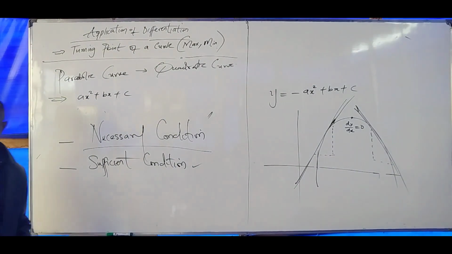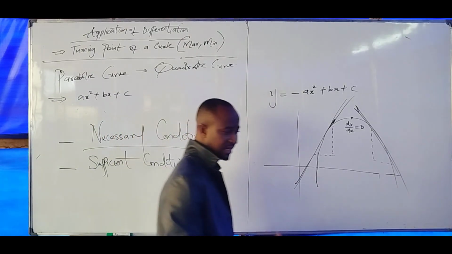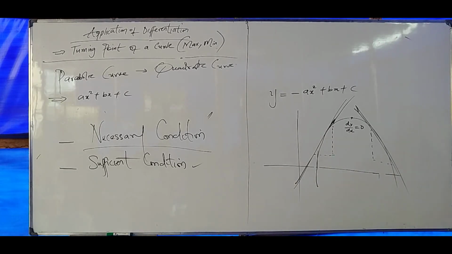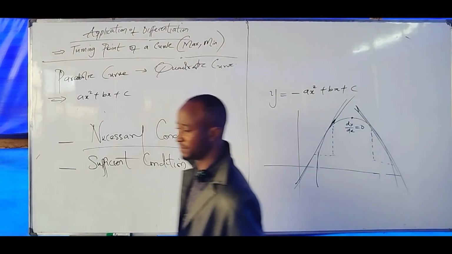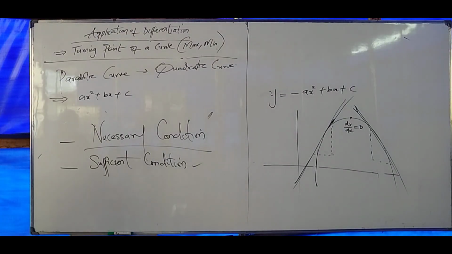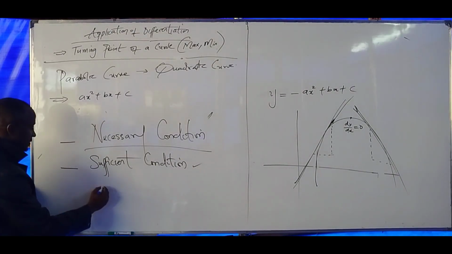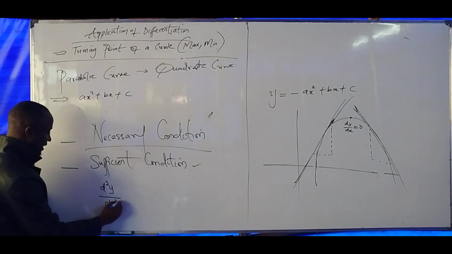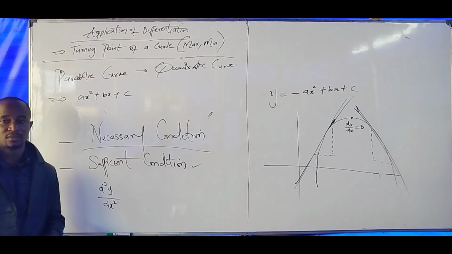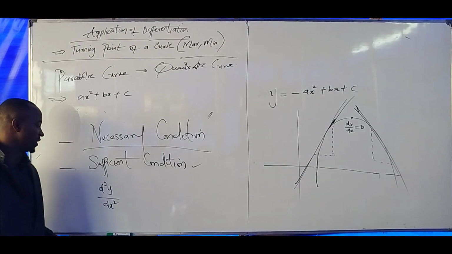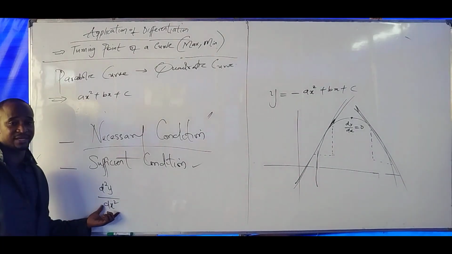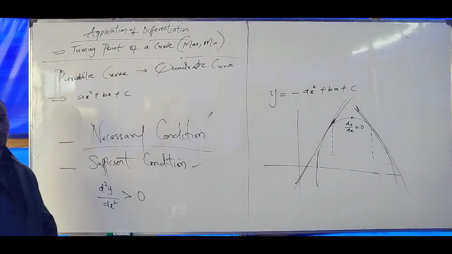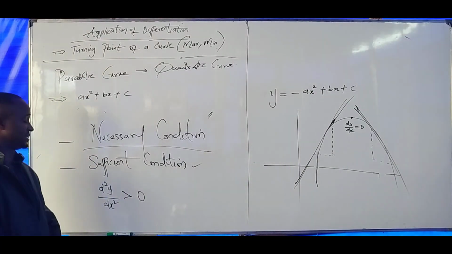This says that the second derivative, which is d²y/dx², I will explain just right, the d²y/dx², must be greater than 0. The second derivative, which is what? The d²y/dx² must be greater than what? 0.